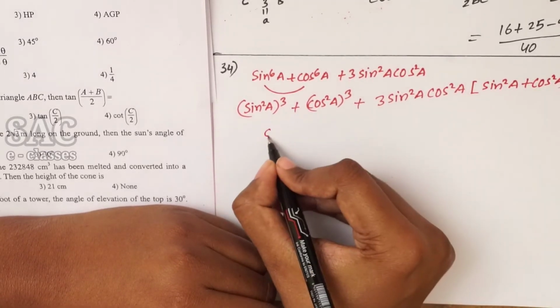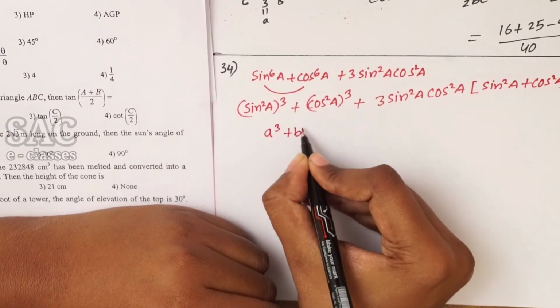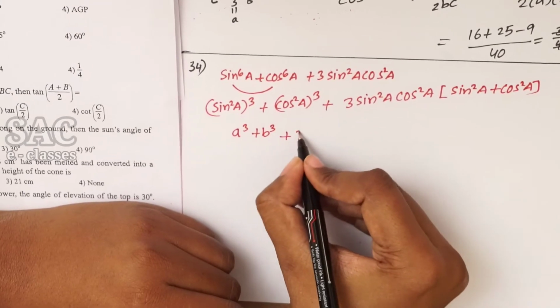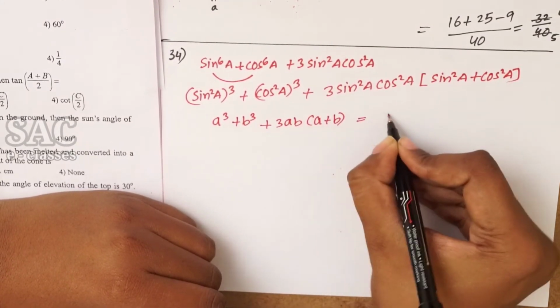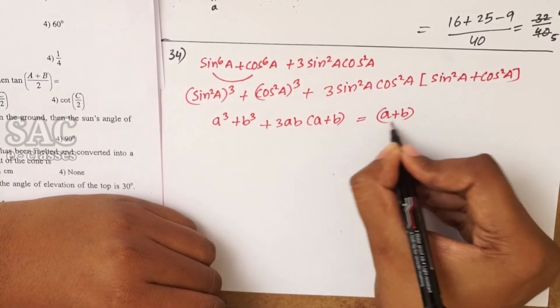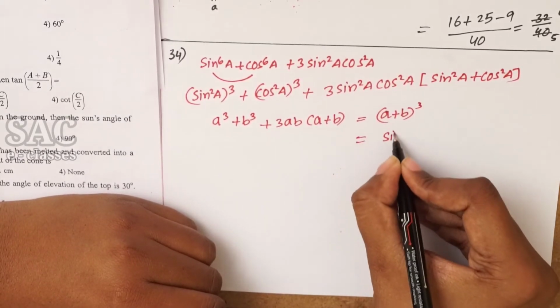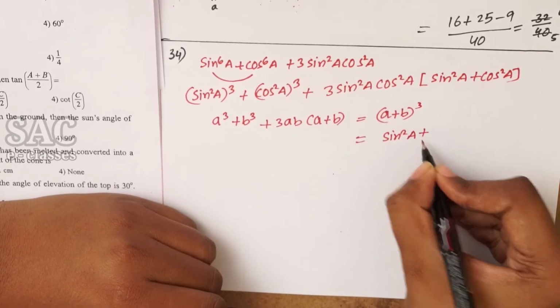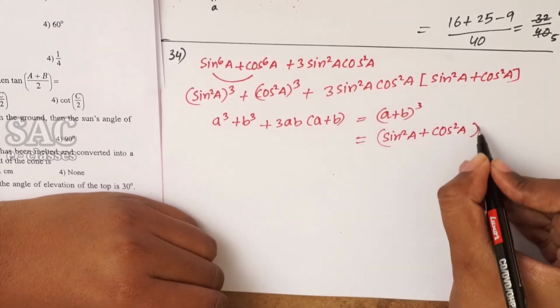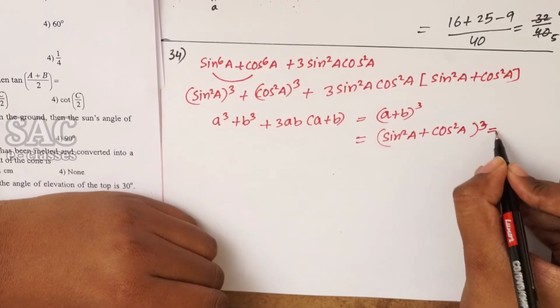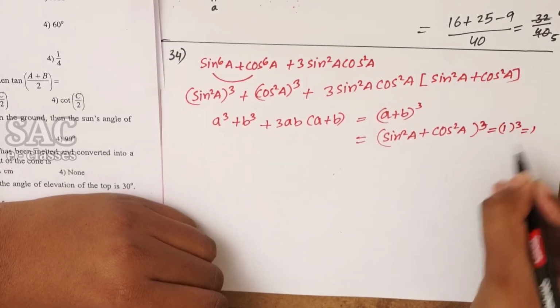Yes. So now it is looking like a cube plus b cube plus 3ab into a plus b, which is the formula of a plus b whole cube. So clearly a means here sin square A, b means here cos square A, sin square A plus cos square A whole cube, which is 1 cube, nothing but 1.